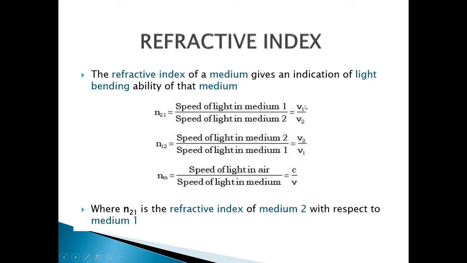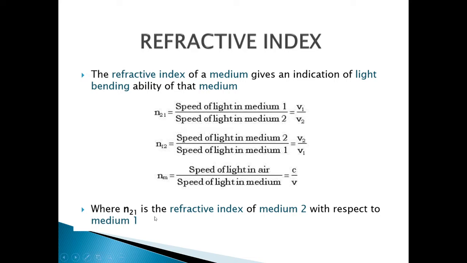The speed of the light is represented by V1 in medium 1 and V2 in medium 2. N12 will be the speed of the light in medium 2 to medium 1. So for any medium, you take the speed of the light in air to the speed of the light in the medium. The medium can be air, water, kerosene, crystal, quartz, any medium.